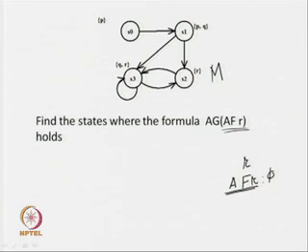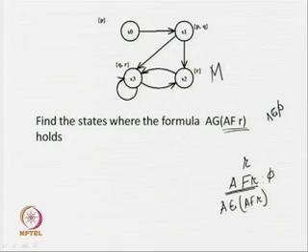If phi is a CTL formula, then AG phi is also a CTL formula. That means AG AF R is a CTL formula. Now, we have to check whether this CTL formula is true in all states or in some states in this particular case.